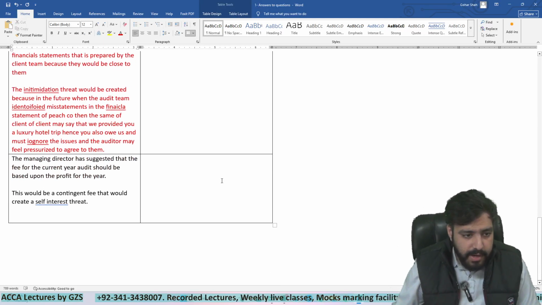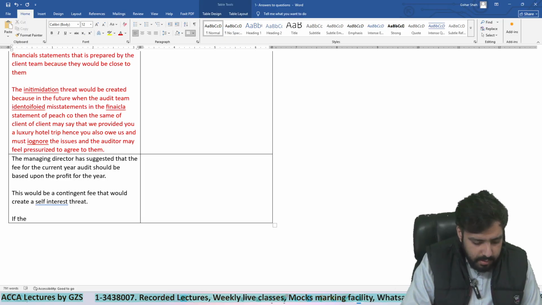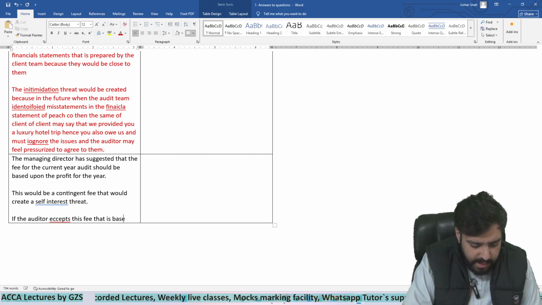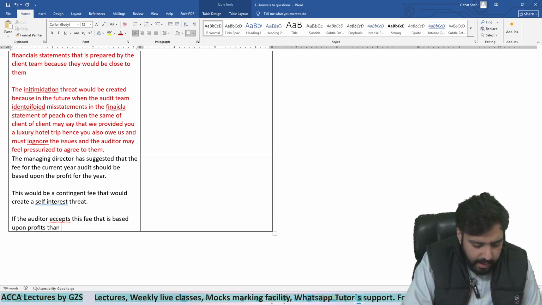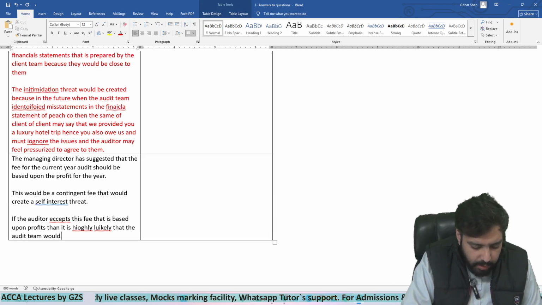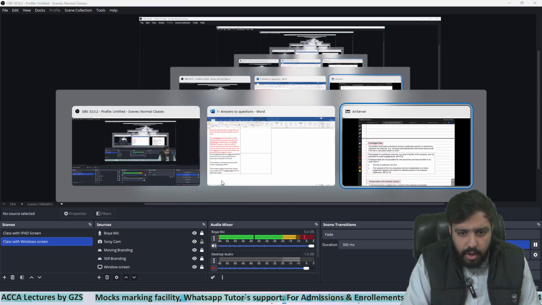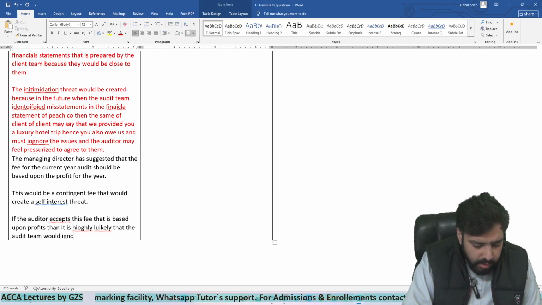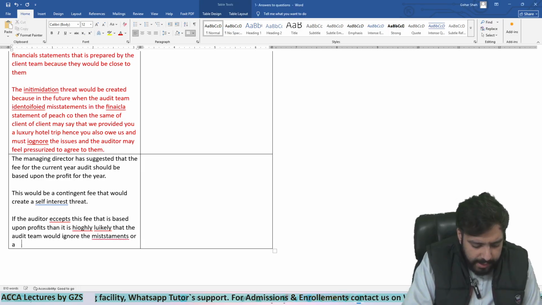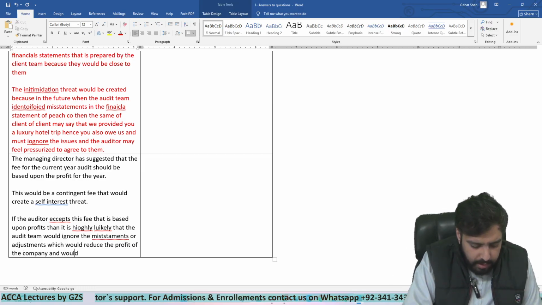If the auditor accepts this fee that is based upon profits, then it is highly likely that the audit team would ignore the misstatements or adjustments which would reduce the profit of the company and would then reduce the auditor's fee.